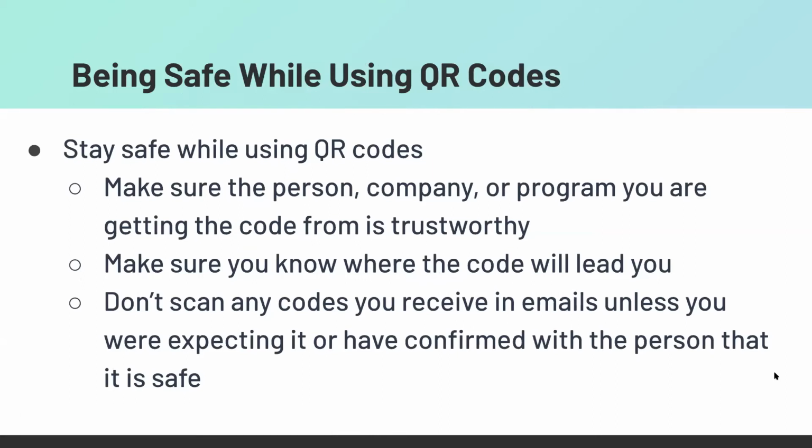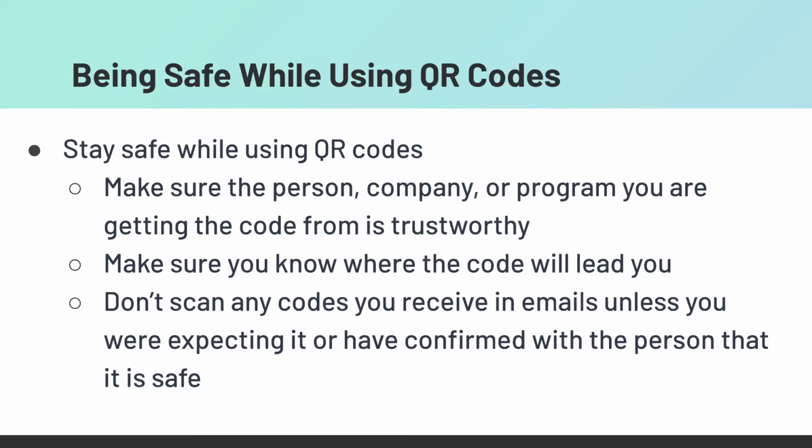Staying safe is very important when using QR codes. And to do this, you can just follow these 3 simple points. First, make sure that the person, company, or program you are getting the code from is trustworthy and you know them personally, or you know that they're a reputable company. Second, make sure you know where the code will lead you.